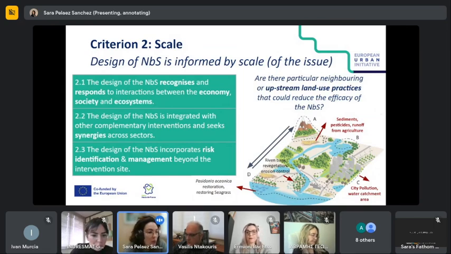You might have a village or a city close to your intervention area, and the pollution could affect these restoration practices and put at risk the success of the intervention. So all of those things are under this criteria.